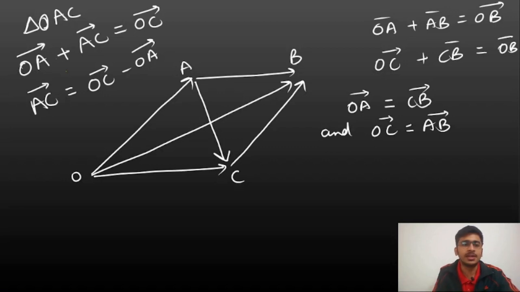So let's understand what is happening over here. This first diagonal OB of this parallelogram is the sum of OC vector and CB vector. Whereas the second diagonal AC is the difference of OC vector and OA vector.